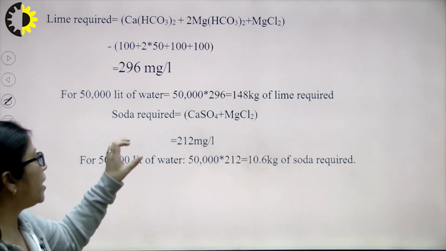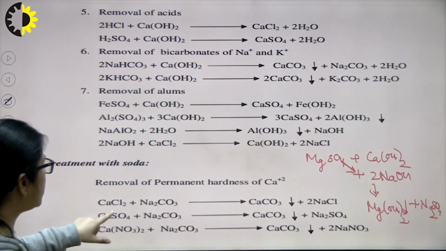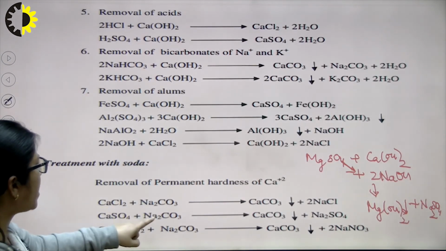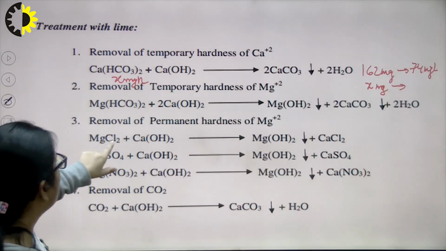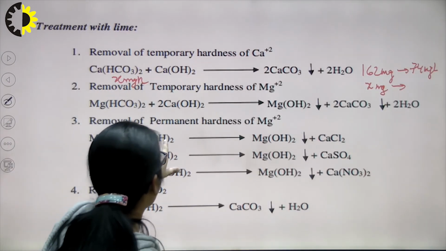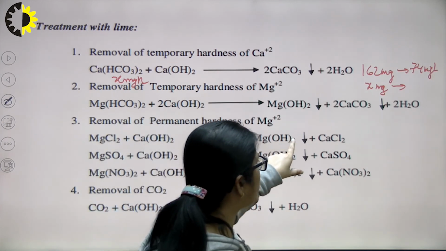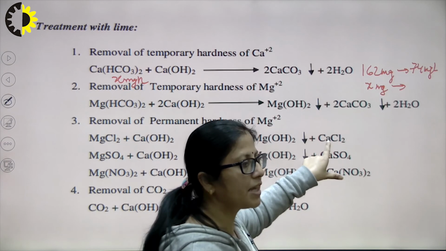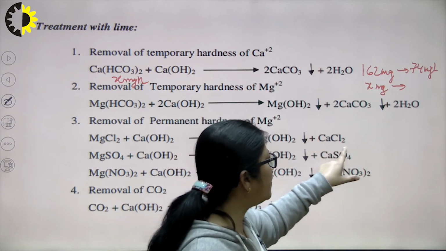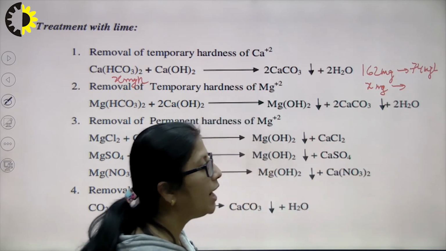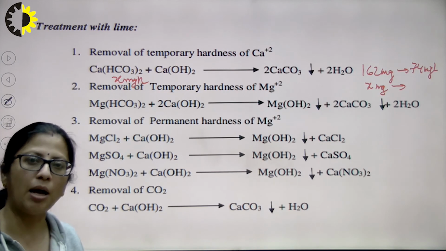Coming to the soda calculation. Now, permanent calcium requires soda, and in this case, magnesium chloride on reaction with lime produces magnesium hydroxide precipitate, but it also produces calcium chloride in the reaction. This calcium chloride which is produced needs to be converted into the precipitate of calcium carbonate.